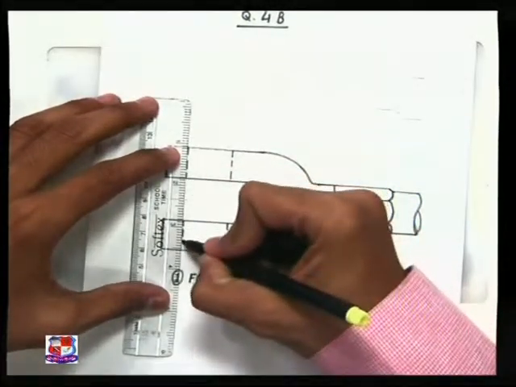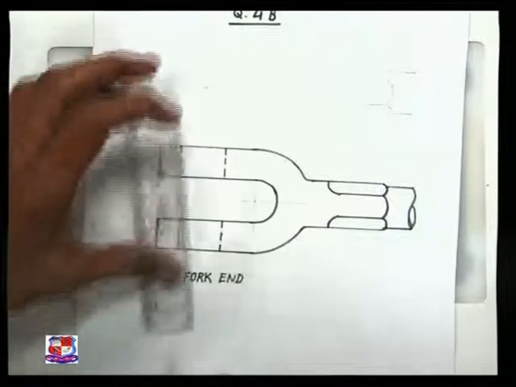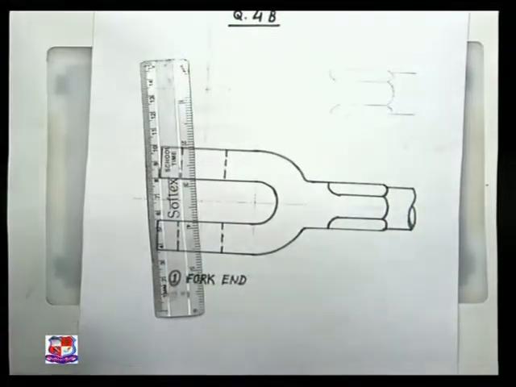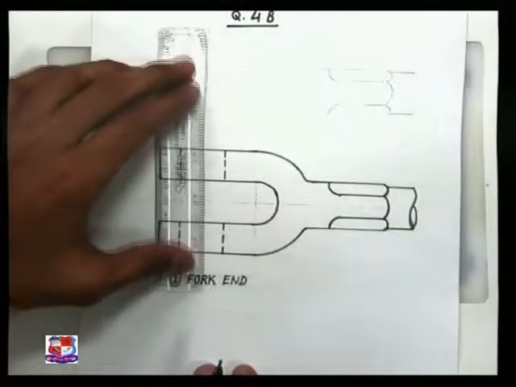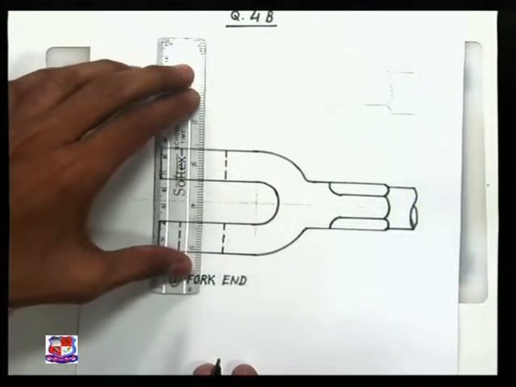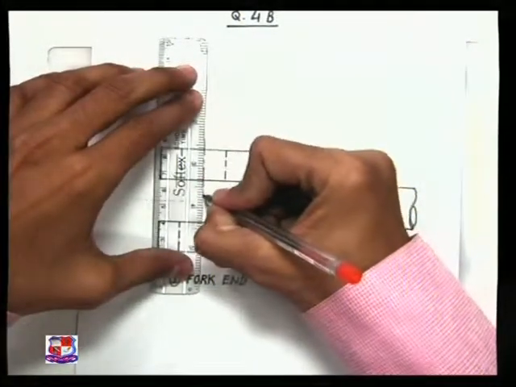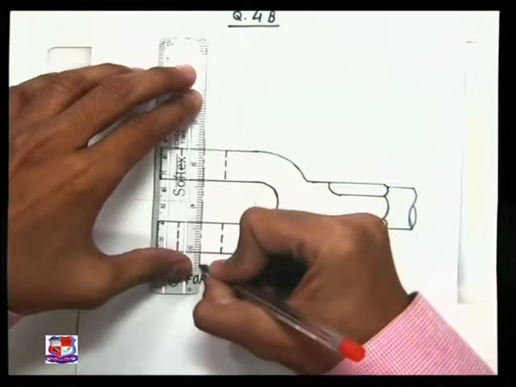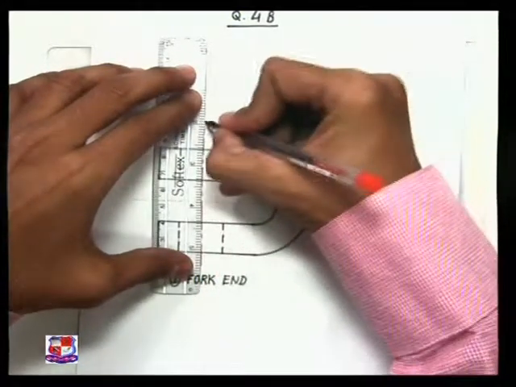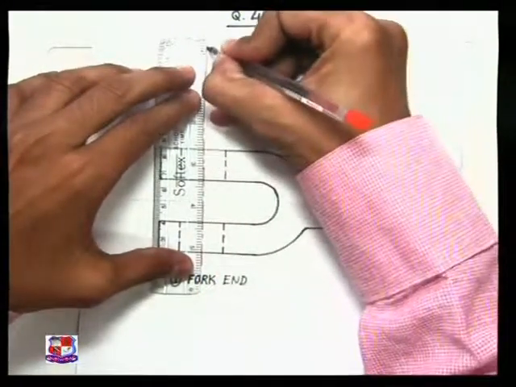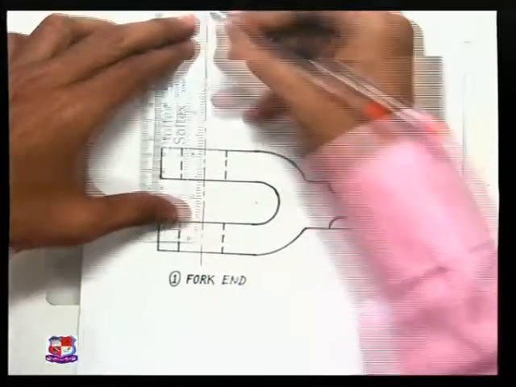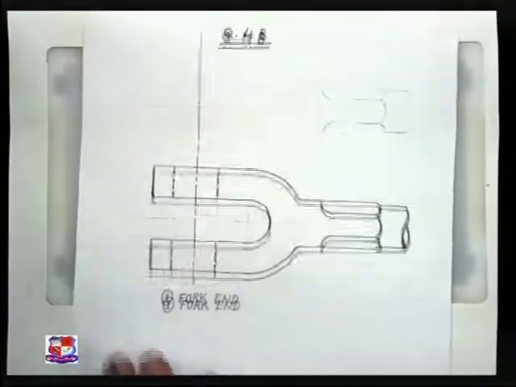The pin will assemble these two components through this circular hole, and when we draw a circular hole, it's mandatory to indicate the center line of that object. Here this is the center line, a long dash, a small dash like this, the center line of this circular hole.